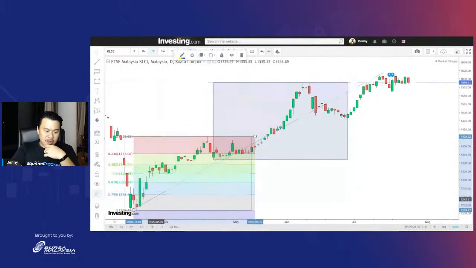If you look at this part here, I'm going to zoom in on the chart up to here. The price went to this high, then it pulled back. We expect the price to pull back to a retracement level of 38.2%, which is here. 50% is here. 61.8% is here.